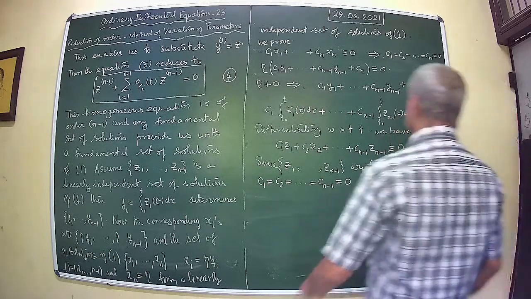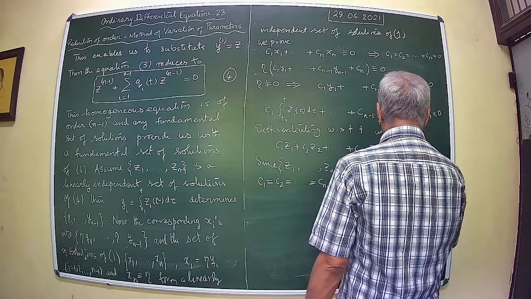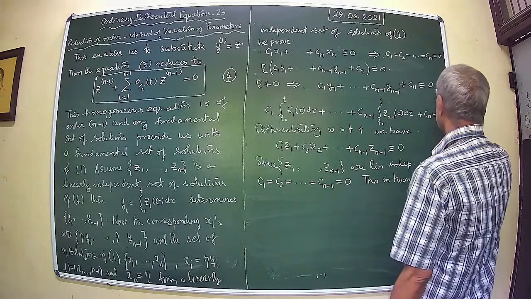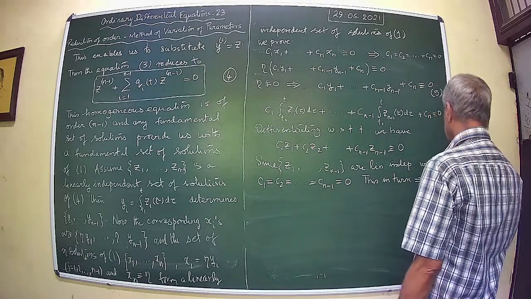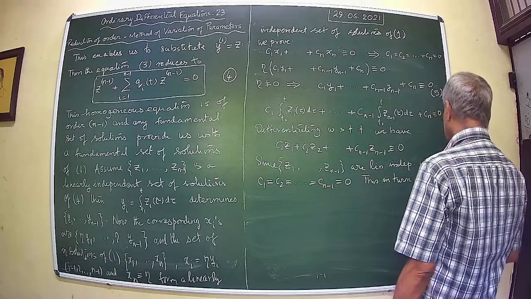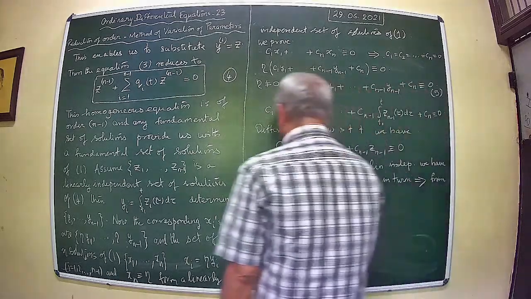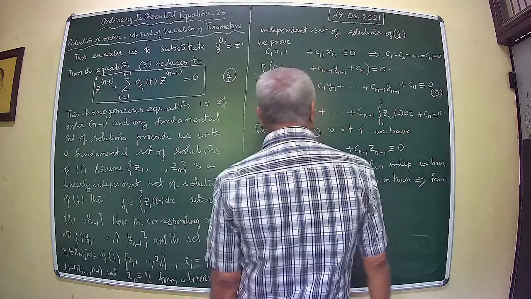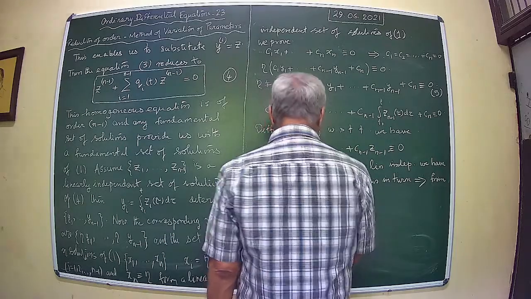Now this in turn implies, from the earlier step, that Cn is equal to 0.